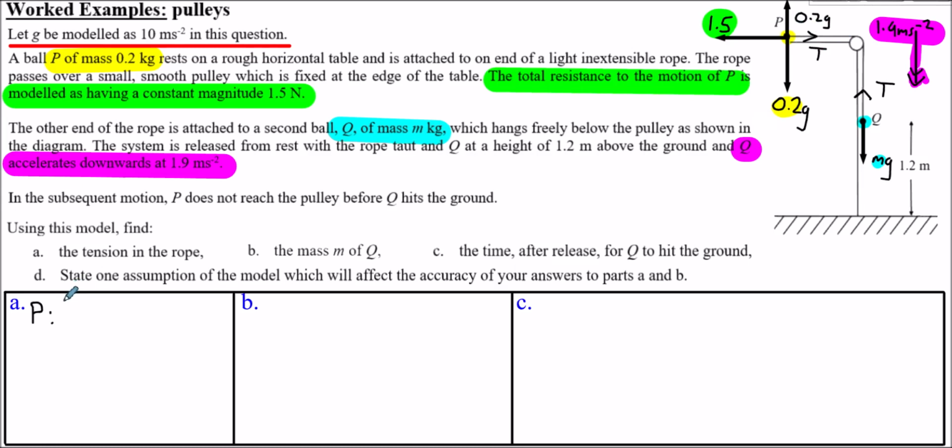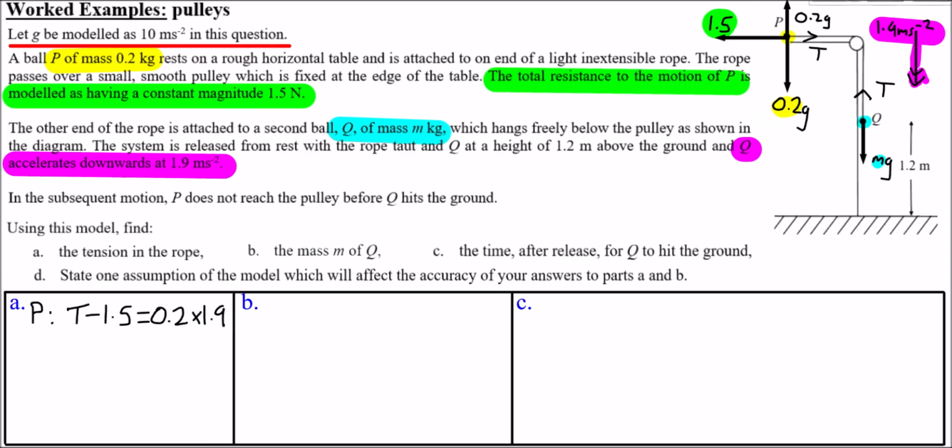So you can say this is T minus 1.5 equals the mass of P multiplied by the acceleration of P. That's going to be 0.2 multiplied by the acceleration. I'm wrong again. I thought we had to consider two particles separately. We don't. It's easier than that because we're told what the acceleration is. So we're told this acceleration is 1.9.